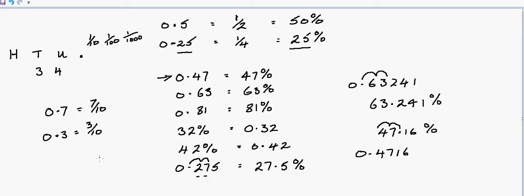So if we have 0.47, this is tenths and this is hundredths. Well, we would have to add 4/10 plus 7/100.